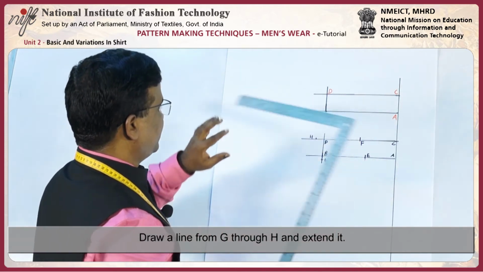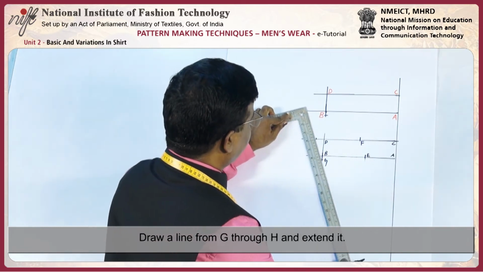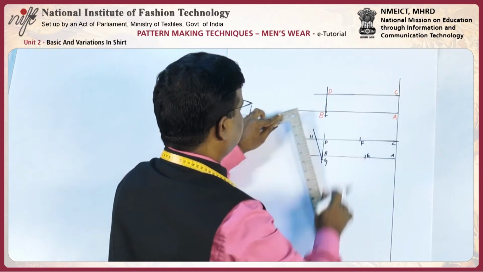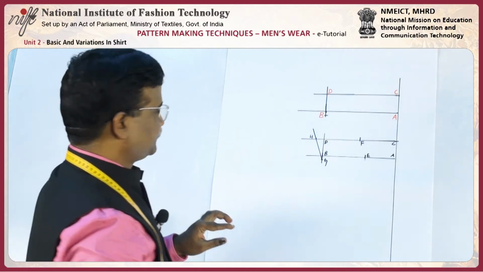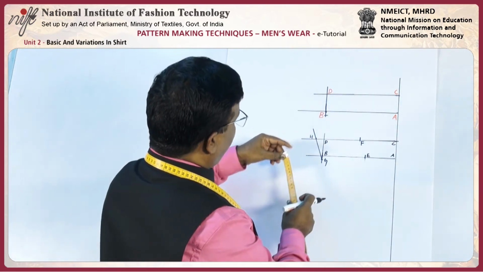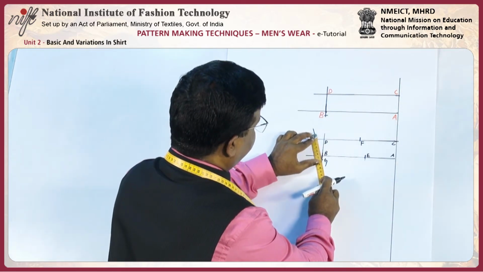Draw a line from G passing through H and extend. G to I, collar point, 7.5 centimeter.